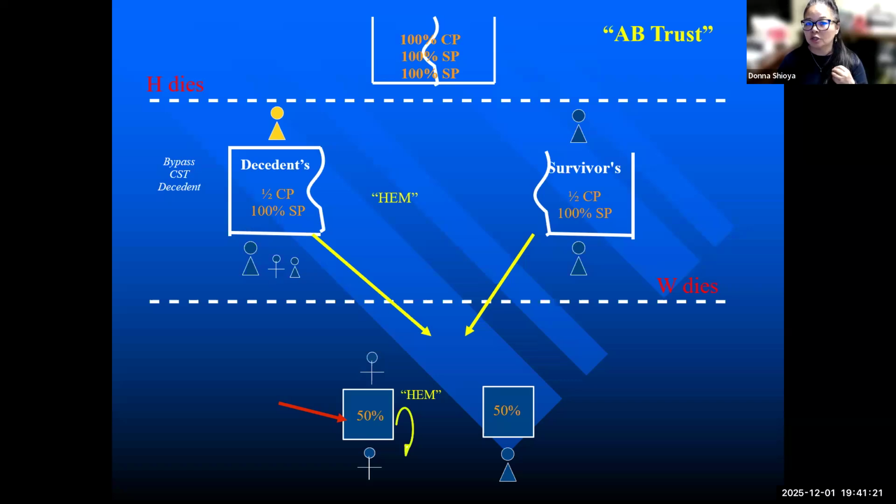It's going to be an extremely, extremely restrictive distribution scheme, and it's something that would be reserved only if you know that the surviving spouse or any of your beneficiaries have current creditors. Okay, so that's something that you'd want to bring up to your estate planning attorney when you have the meeting with them. Okay.